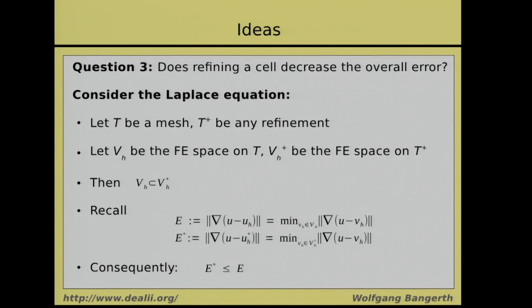And so what I take away from this is that any kind of refinement of the mesh is going to decrease the energy norm error. So for the Laplace equation and the H1 norm error, that's easy to show. It is, like I mentioned before, not true if I had the L2 norm or if I had any other kind of equation for which it's not that easy. So for the Laplace equation, this particular step is easy to show.